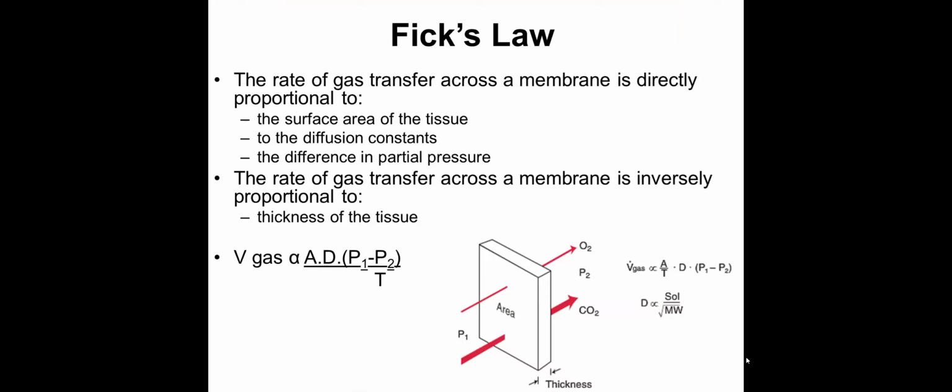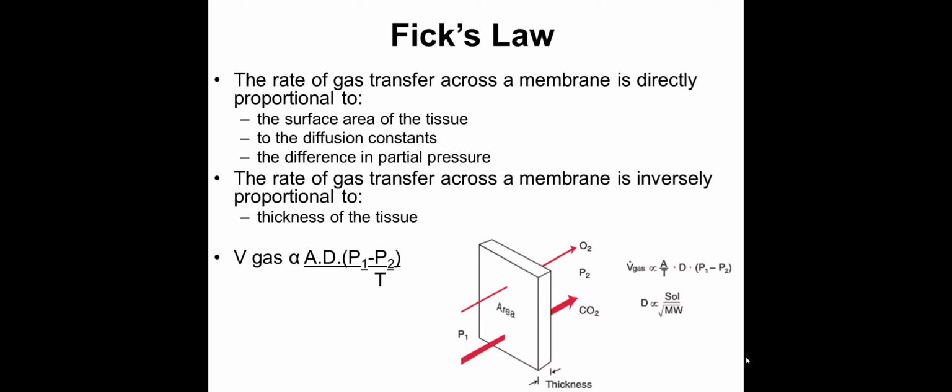That's the driving pressure, if you will, that we talked about when we saw the picture of the alveolus and capillary. The rate of gas transfer across a membrane is inversely proportional to the thickness of the tissue.